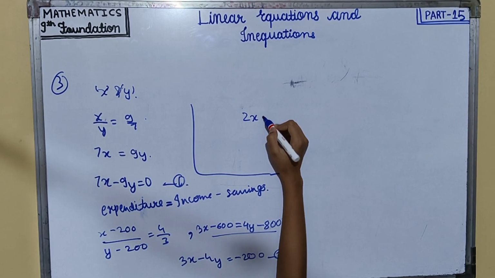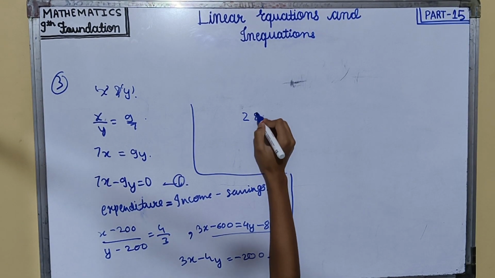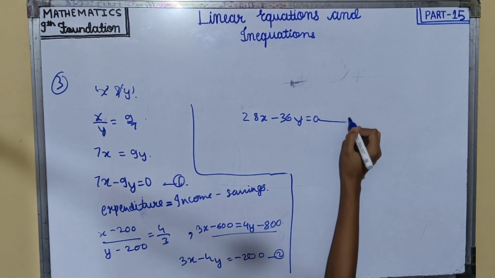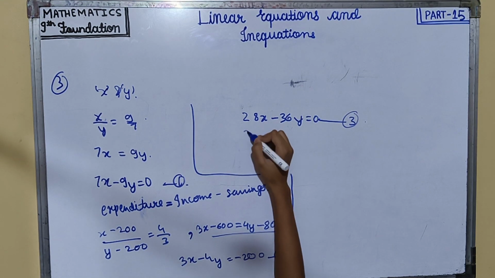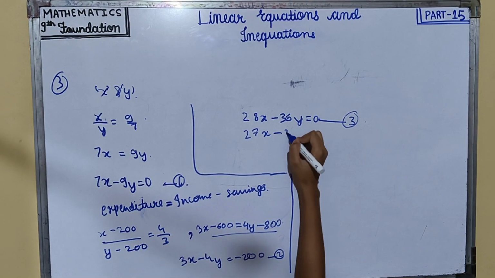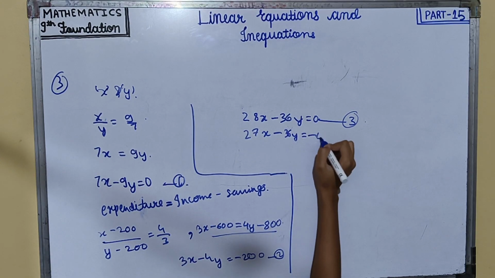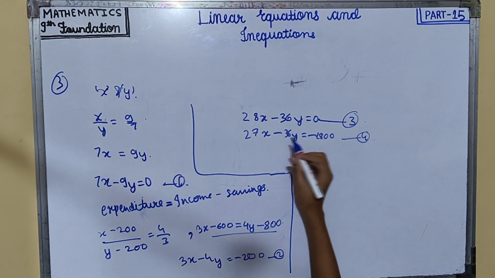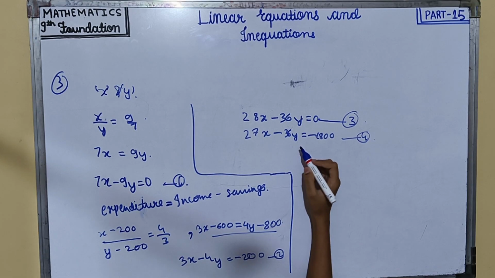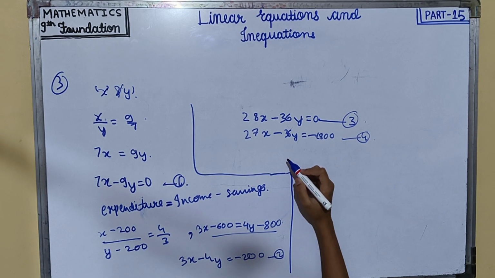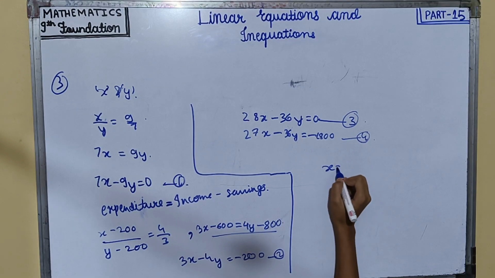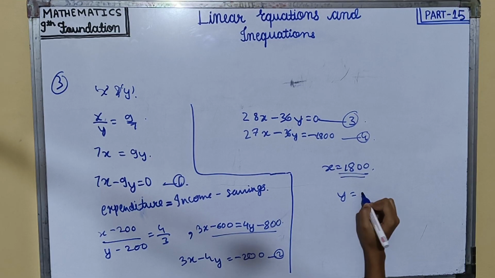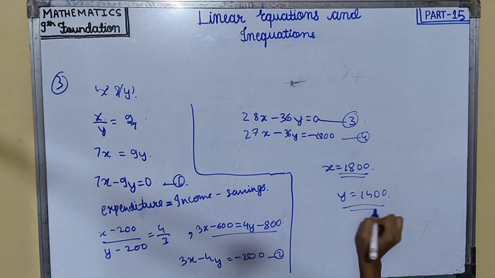28x minus 36y is equal to 0, the third equation, and 27x minus 36y is equal to minus 1800. Fourth equation. And subtracting the equation 4 from the equation 3, we get x is equal to 1800 and y is equal to 1400.